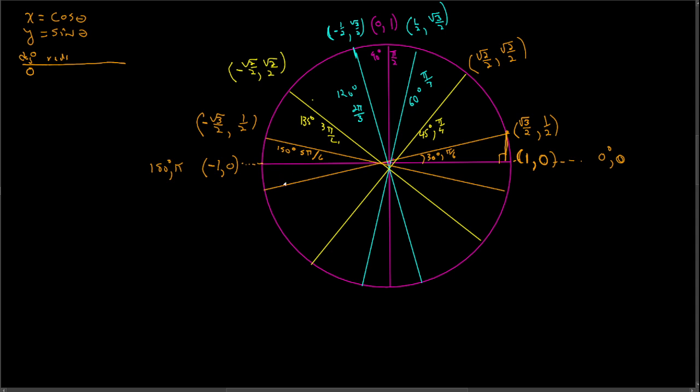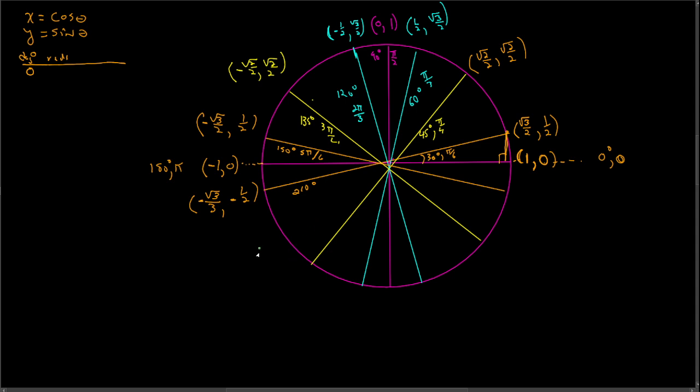Now, this angle here will be 210 degrees. And both sine and cosine are negative. And so cosine's going to go to negative root 3 over 2. And sine's going to go to negative 1/2.